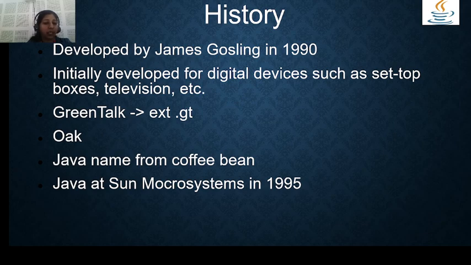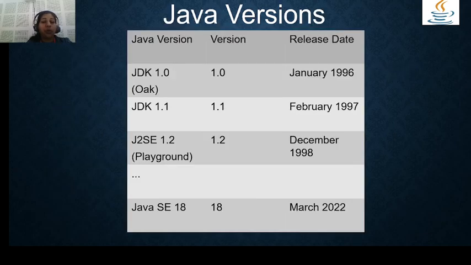Okay, there are Java versions which are developed when a new release happens. The first version, JDK 1.0, which was primarily from Oak, was released in January 1996.